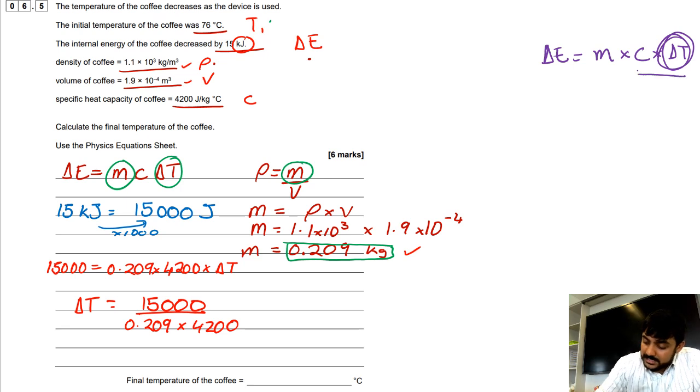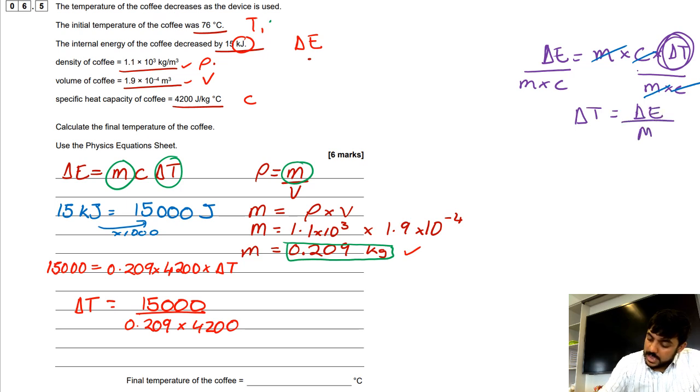I have to divide this side by m times by c, and if I do, I have to do it on the other side as well. Then you notice these terms cancel each other out. Therefore, I end up with change in temperature is equal to change in energy divided by m times by c, which is what we've got here on this equation.